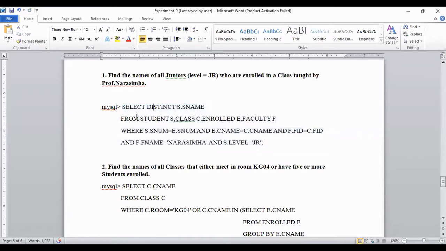So see here, concentrate here. I'm writing, so I'm stopping talking so that I can concentrate on writing. The same thing I'm writing in MySQL.